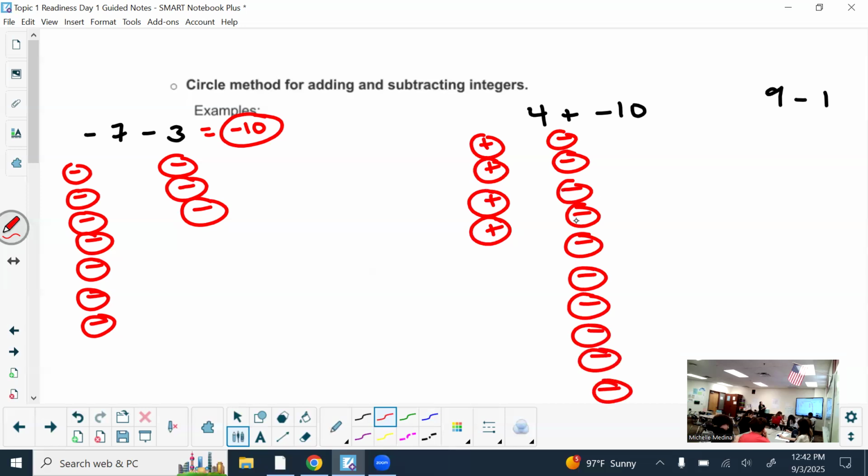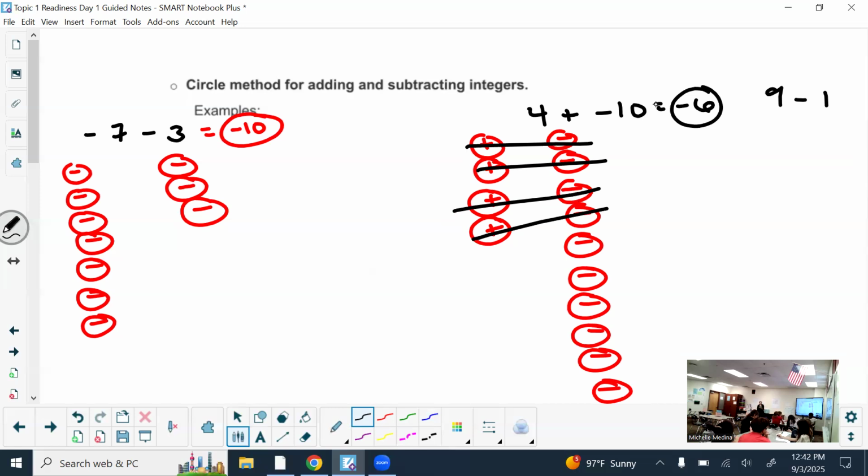Make sure you have 10 only. And any that cancel out, like a positive and a negative, cancel out, and see what you're left with. What am I left with? 6 negative bubbles, so my answer for this one is -6.